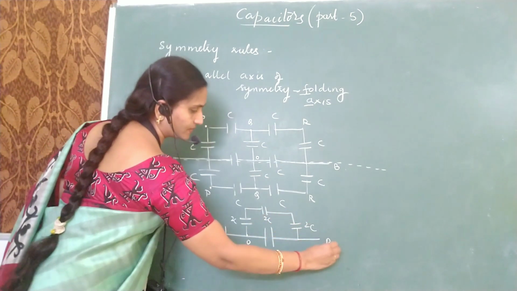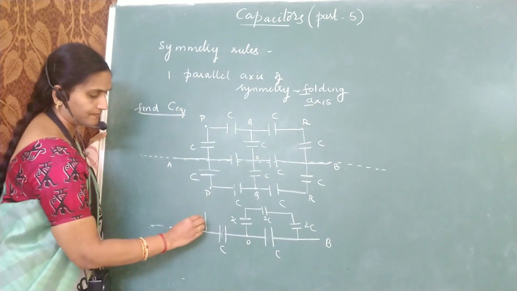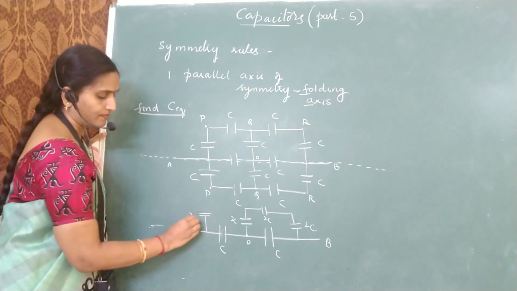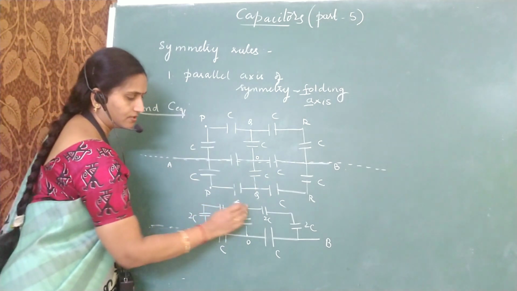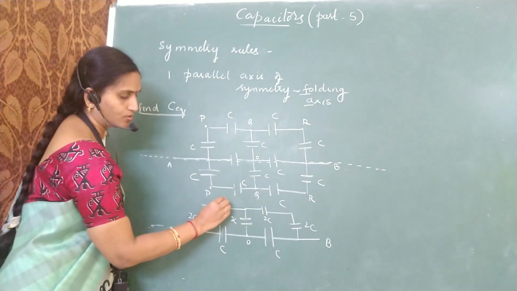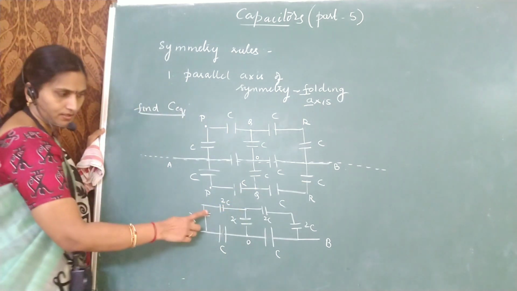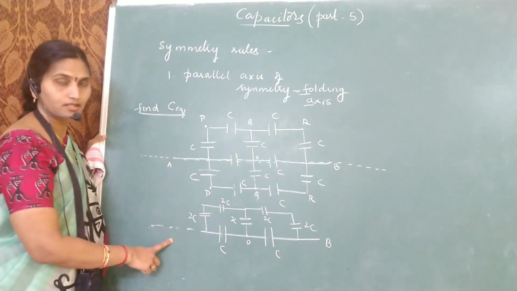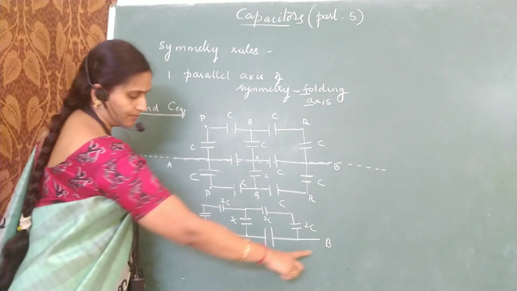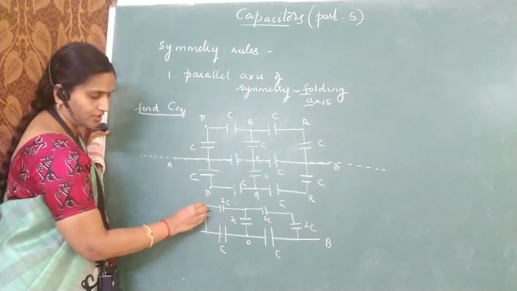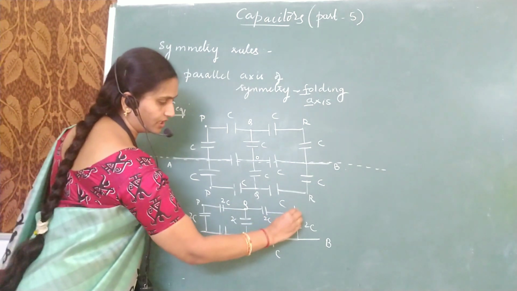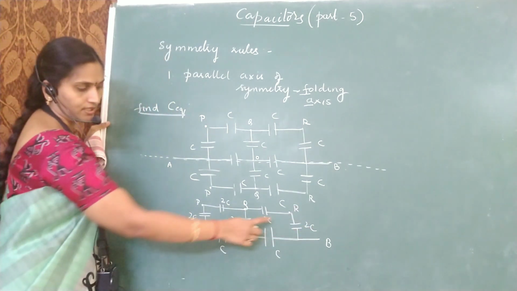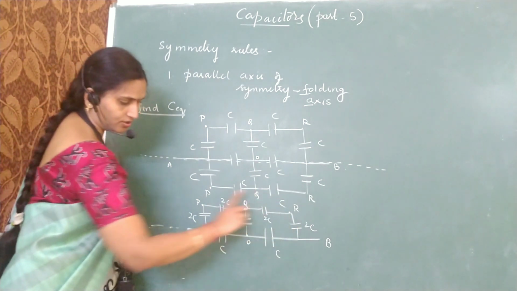This is terminal B. C and C to C, and this is C and C to C. See, we have got a reduced circuit. Now observe this. This is P, this point is Q, and this point I have written as R.